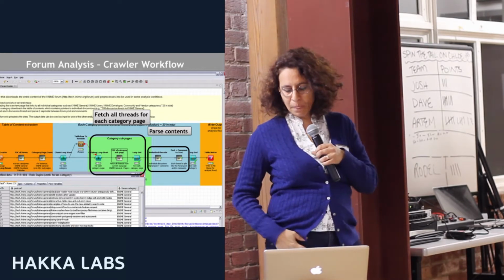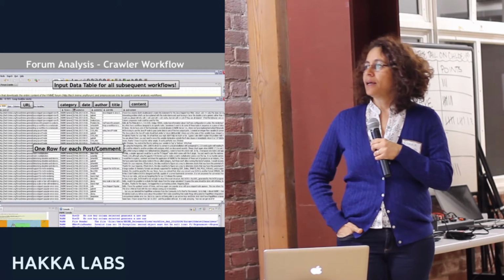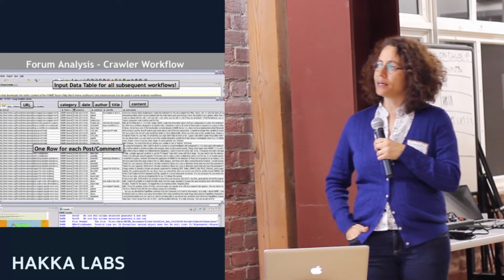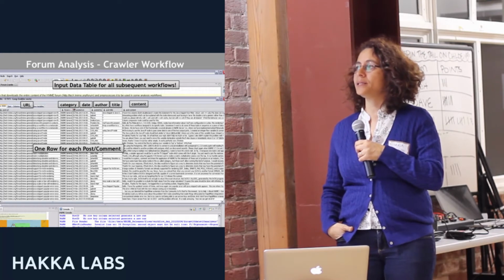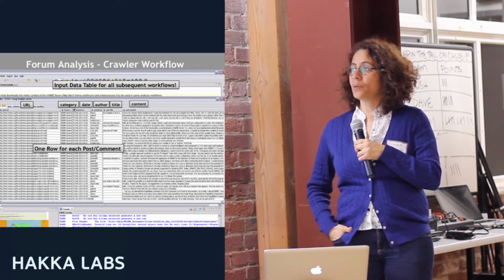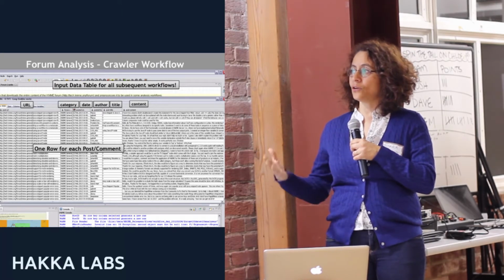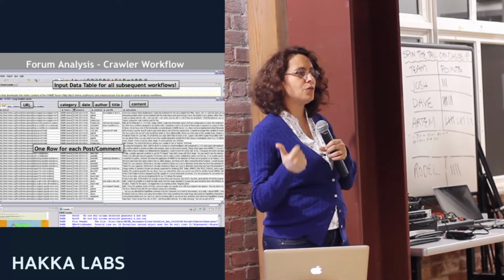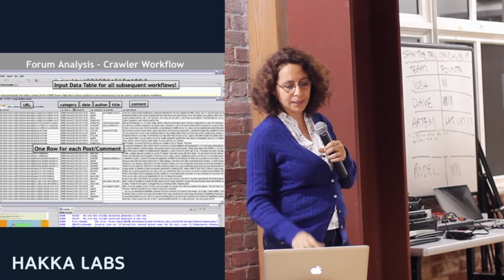Okay, so this is the final result. At the end, I have this data table. I have the URL. I have the name of the category in the forum, the date the post was posted, the author, the title of the post, and the content. It's one row for each post or comment.